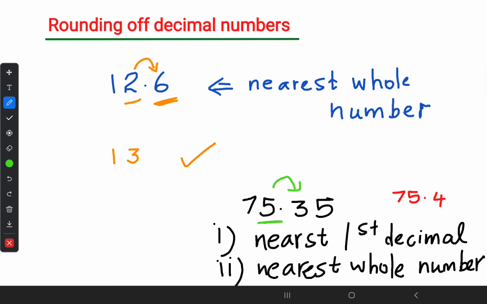No need to worry about the tens place value and the second decimal. We have to consider only the whole number, and after that our first decimal place. Since the first decimal place belongs to the first set of numbers, no need to add or subtract anything with the whole number. It will remain the same as 75. This is the way we find the round off for the nearest whole number and the nearest first decimal place.